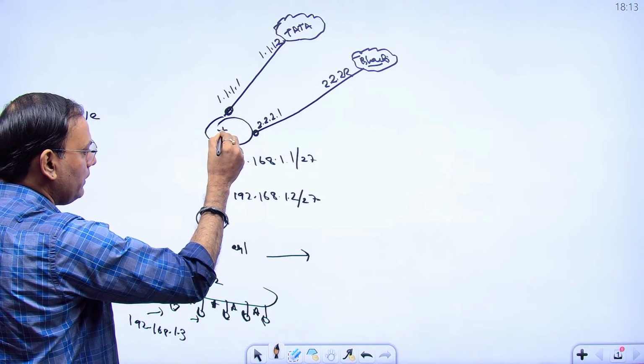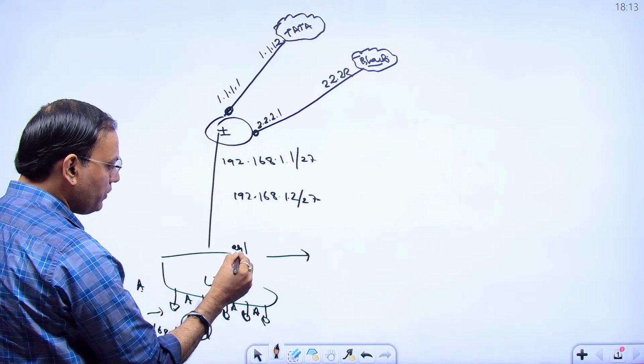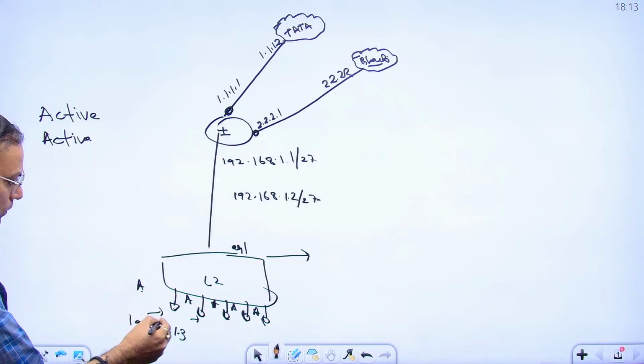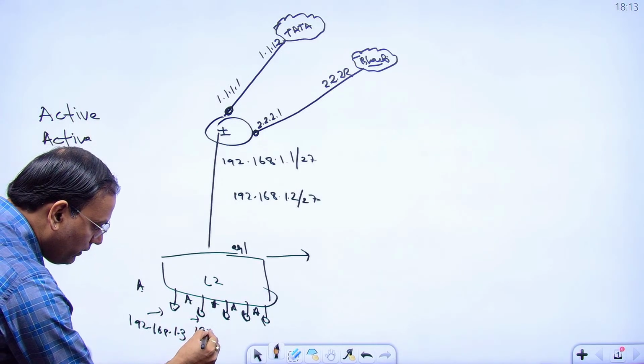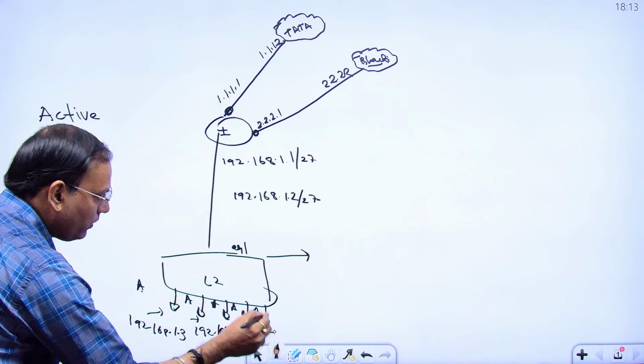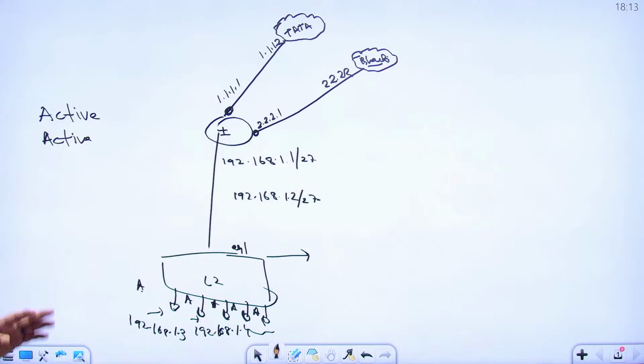I will remove that L3 switch for now, okay, to make the diagram simpler. So 1.2, 1.3, 1.4, 1.5, so on, right?